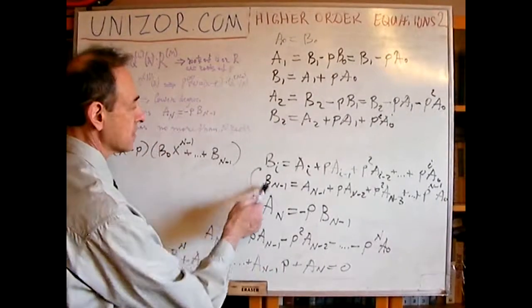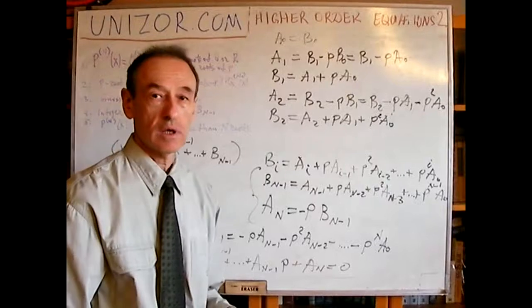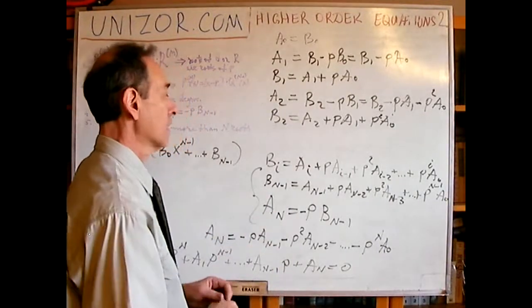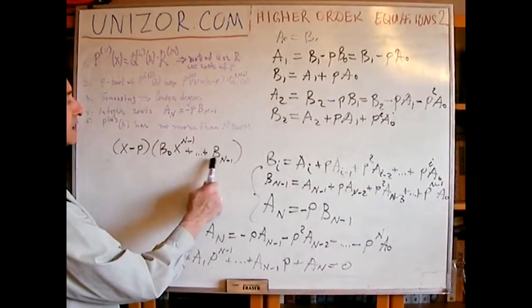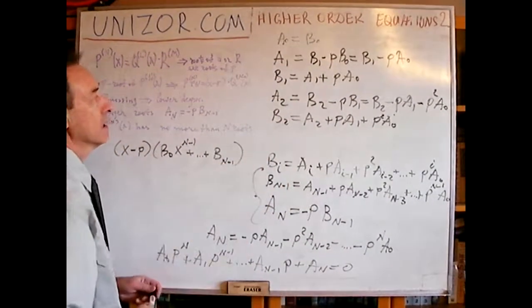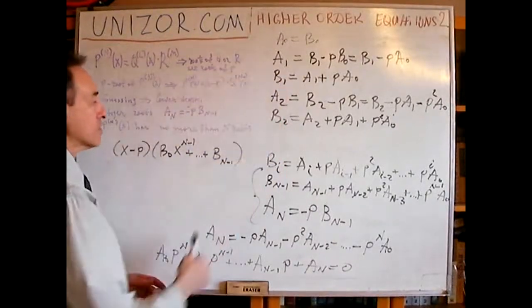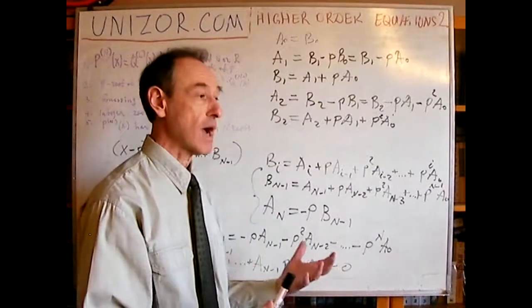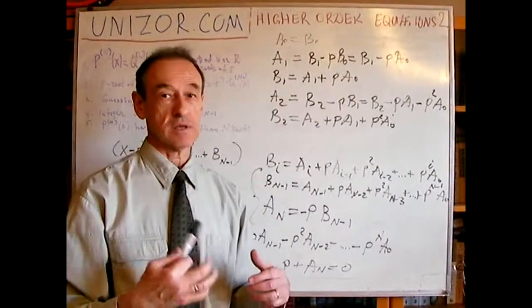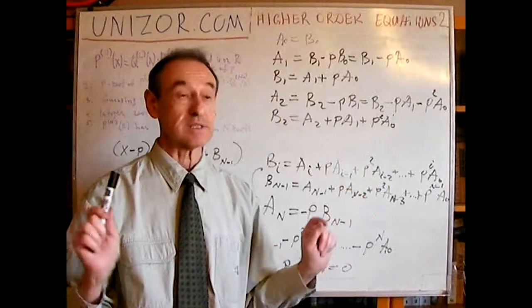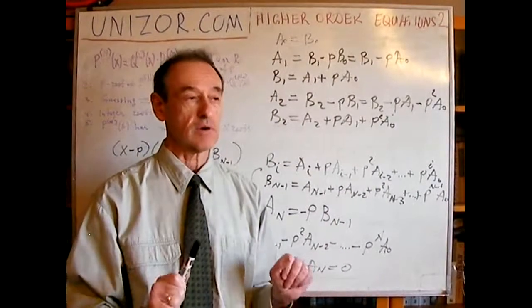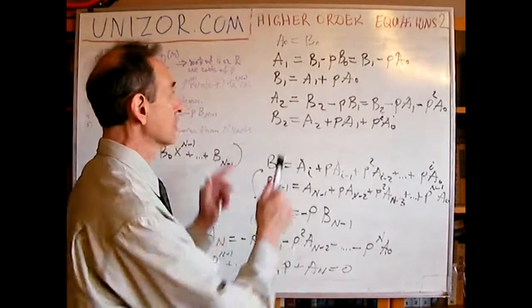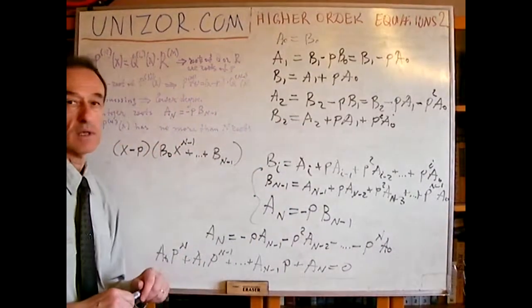And if this is not true, then these would be two contradictory equalities, which means there is no solution. So a solution exists with concrete b0, etc., bn minus 1 expressed as this set of equations only when p is a true root. That's why we are saying that if p is a root, and we don't know, maybe it doesn't exist, but if it exists, this is very important, then the original polynomial can be represented in this way.